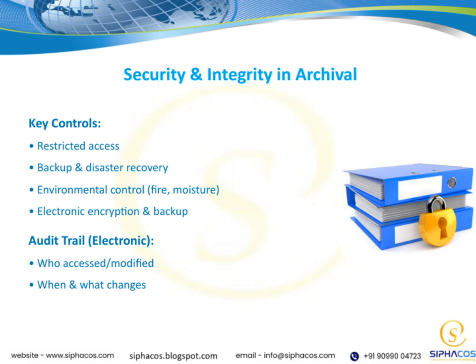This records who accessed or modified records, along with when and what changes were made. It's essentially a digital footprint that helps us verify the integrity of our archives and trace any suspicious activity. All these controls and audit trails work together to maintain the security and integrity of our archives, supporting our overall goal of reliable and trustworthy record-keeping.